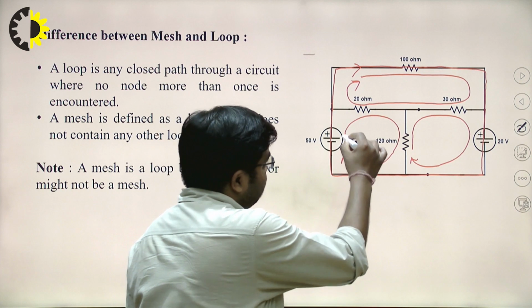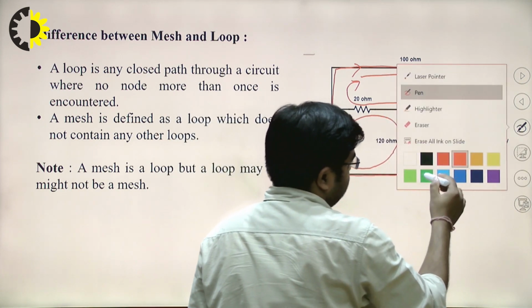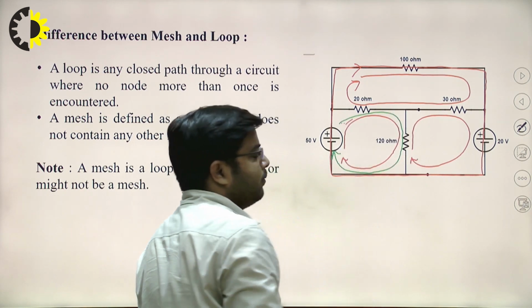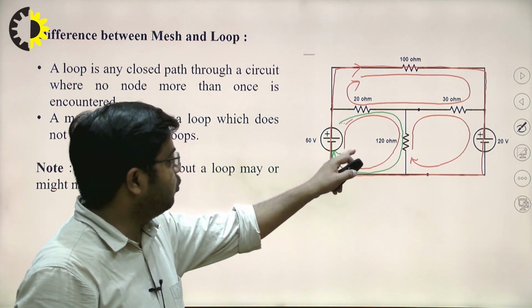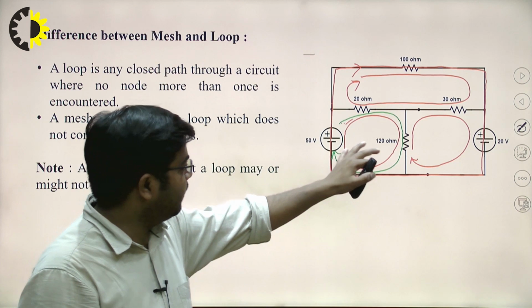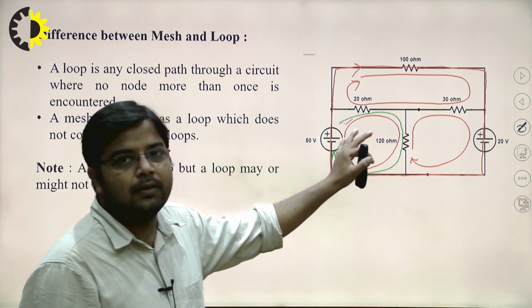So here you can see this loop, this one, this loop. This loop is a mesh because it does not contain any other sub loop, or you can see here there is no other loop inside this loop. So this loop is a mesh.